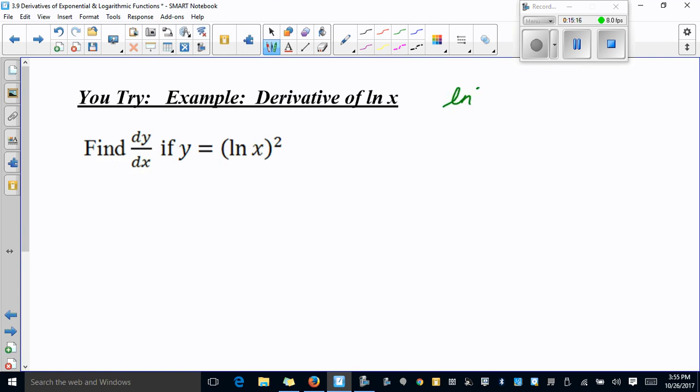So u is going to be natural log of x. So u prime is 1 over x. And yes, we could have done the inside-outside rule. S of u equals u squared. So S prime of u is 2u, and this is your derivative.